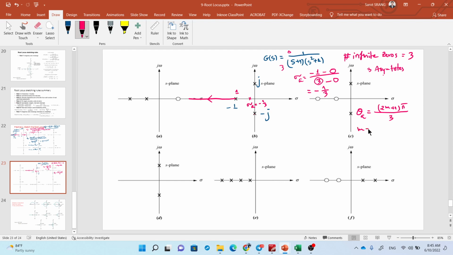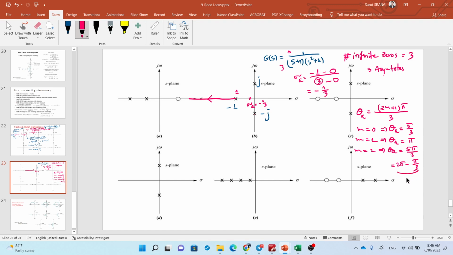Then take m equal to 0, then m equal to 1, we have theta A equal to pi, then m equal to 2, we have theta A equal to 5 pi over 3, which is actually 2 pi minus pi over 3, right?